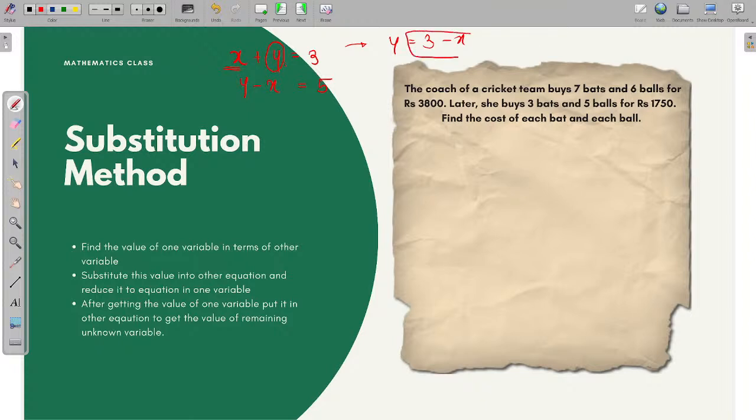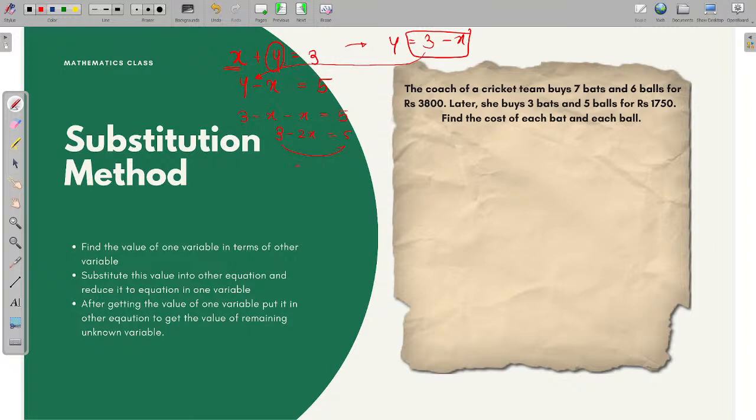Now we get the value of y, that is 3 minus x. So I'll put this value in the second equation and I'll get 3 minus x minus x equals 5, which gives 3 minus 2x equals 5. Then I'll send this to the other side.